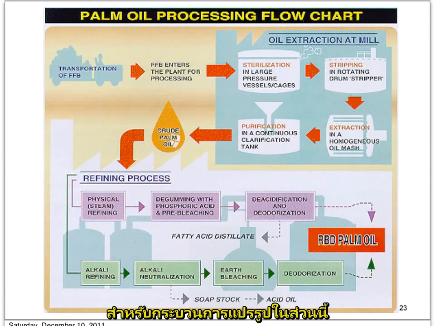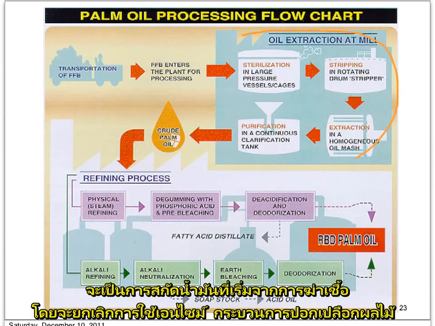Then the whole part here is actually the oil extraction at the oil mill, starting from the sterilization to deactivate the enzyme and to facilitate the process of the stripping of fruitlets later.